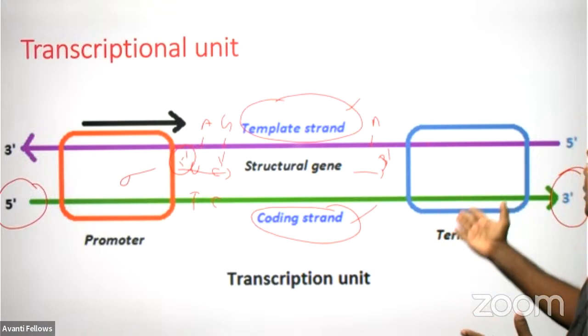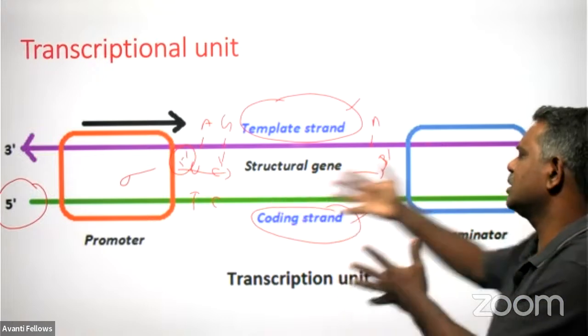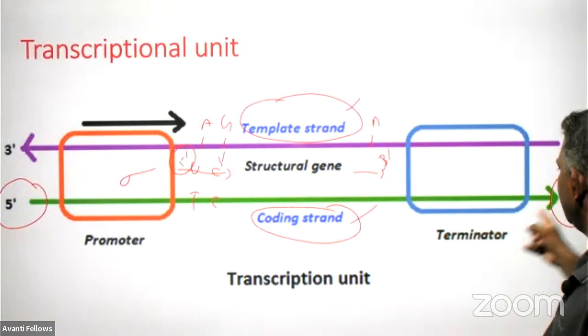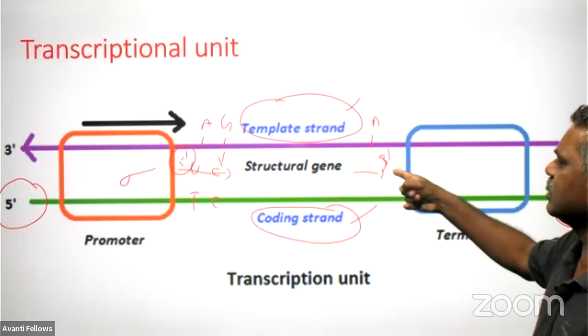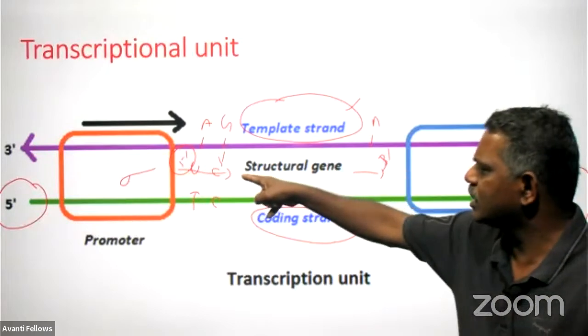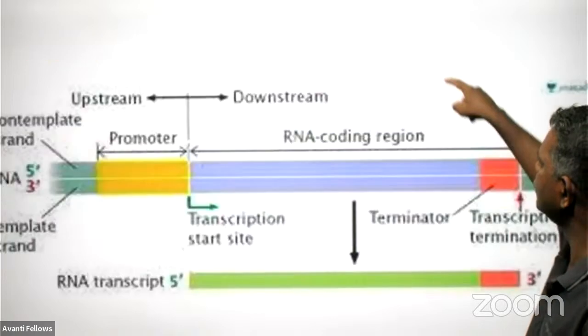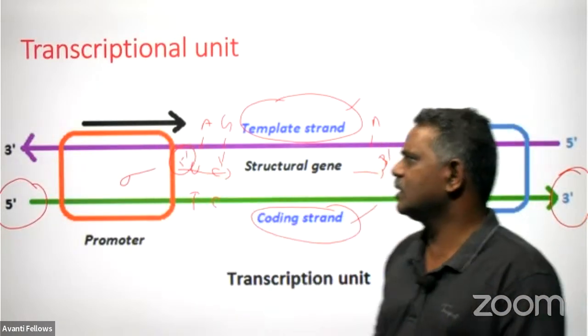A factor is there in the terminator that never permits the RNA polymerase to extend further. And it is located in the 3' direction of the coding strand and also in the 3' end of the newly constructed RNA. That is why we call it the downstream, and this one is called the upstream.